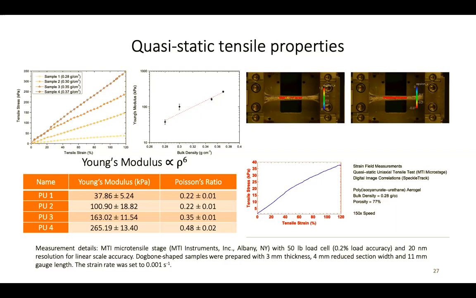The density is close to 0.4 gram per cubic centimeter, but by reducing the density to almost half, you end up with a very soft material with a Young's modulus of only 40 kilopascal.